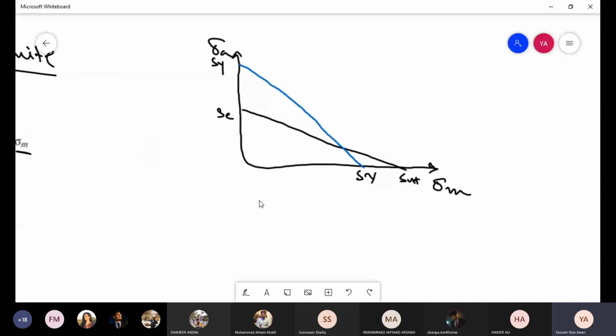Okay, now what happens for finite life? Finite life means that any combination of sigma A and sigma M lies somewhere here.